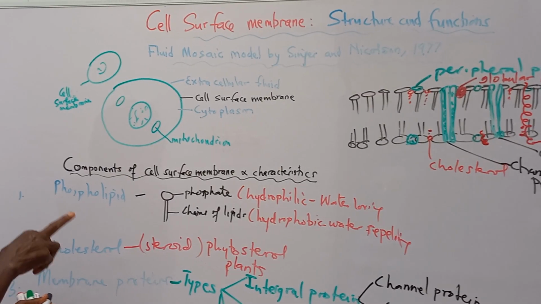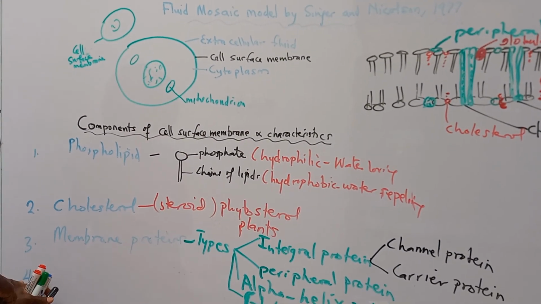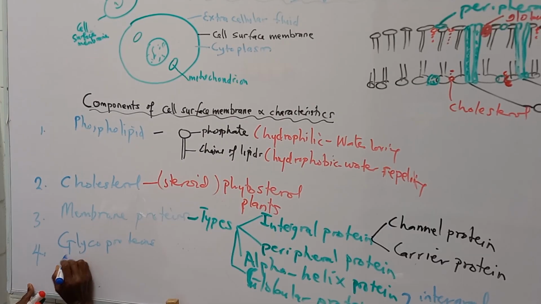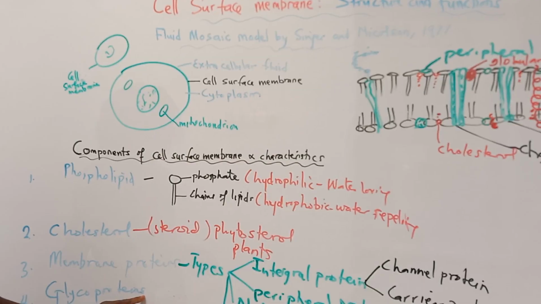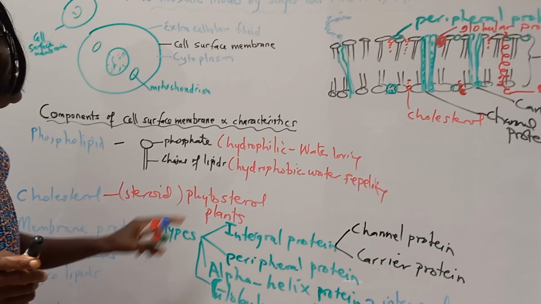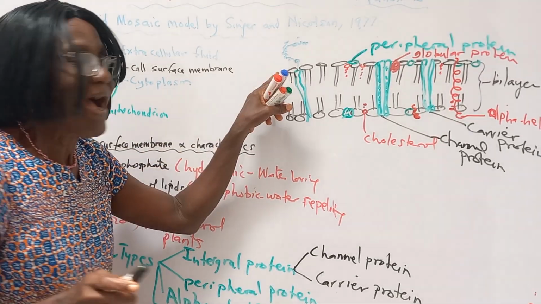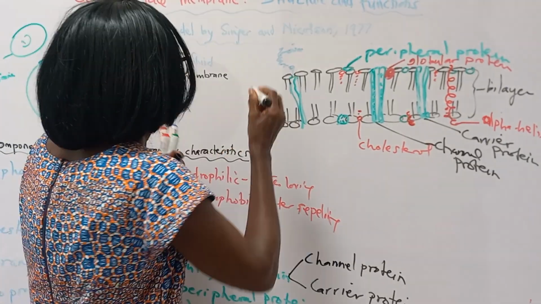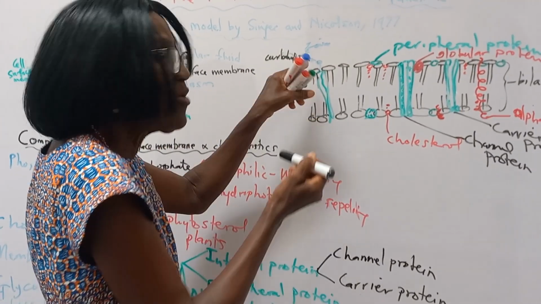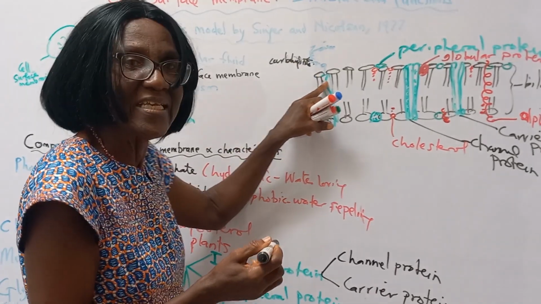And then we have other components which I label as 4. We have the glycoproteins and glycolipids. The glycoproteins are chains of carbohydrates. This is a chain of carbohydrates. You have chains of carbohydrates attached on protein.